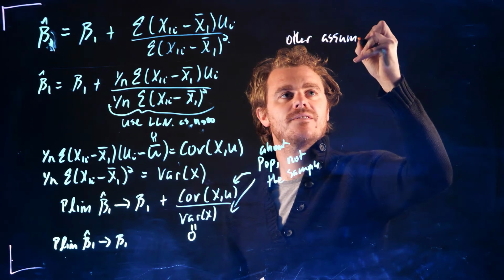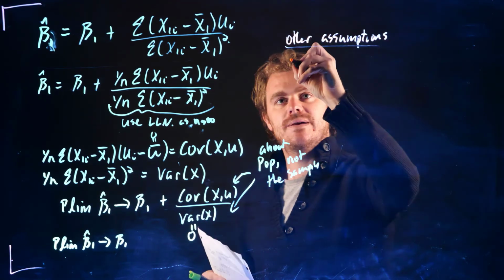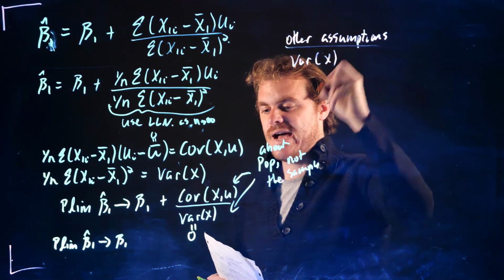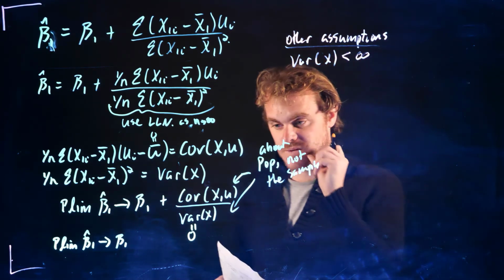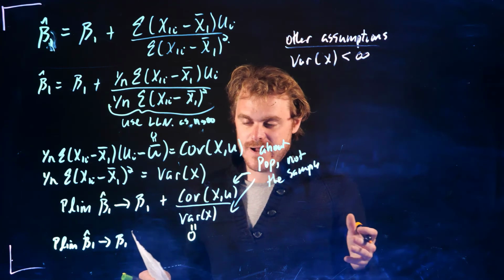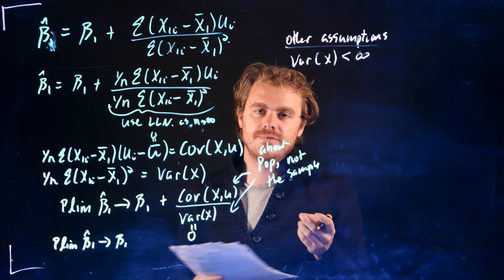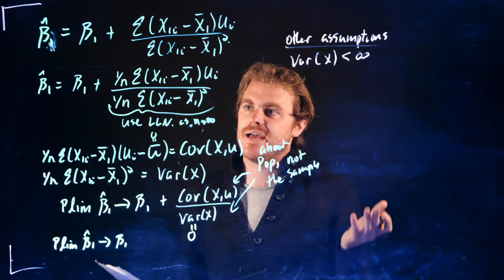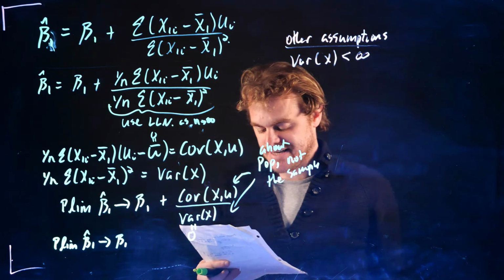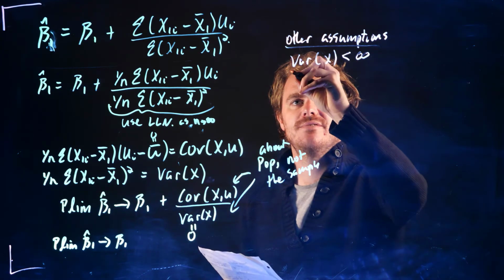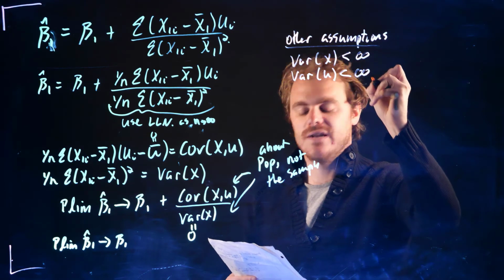We assumed that the variance of x was less than infinity. Not only do we need multiple values of x to estimate this regression, but in order to derive this, we need the variance to be less than infinity. And we also need the variance of u to be less than infinity as well.